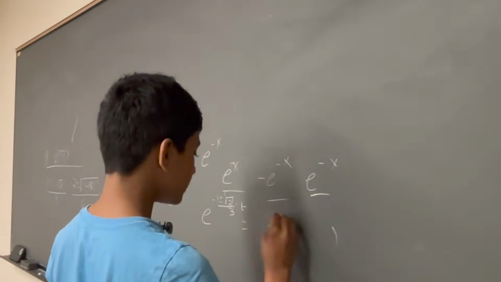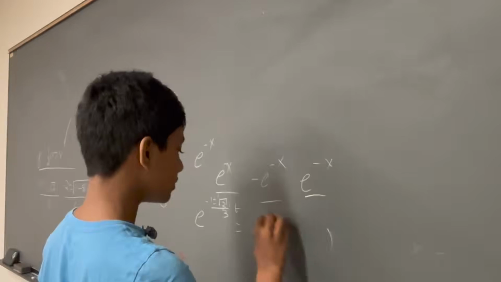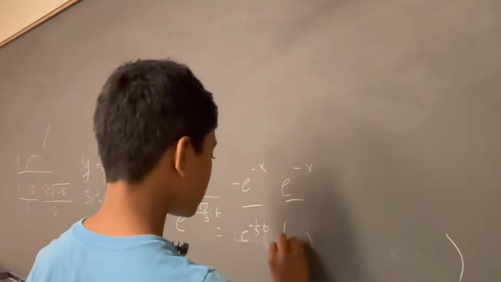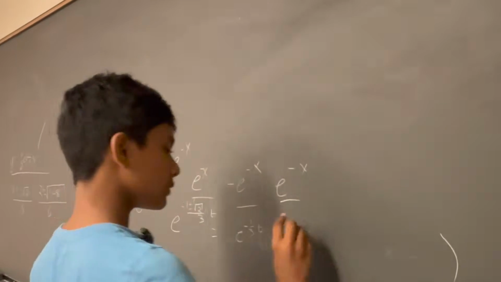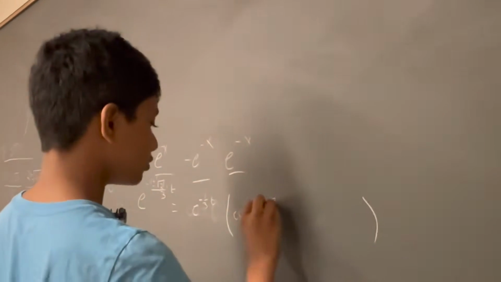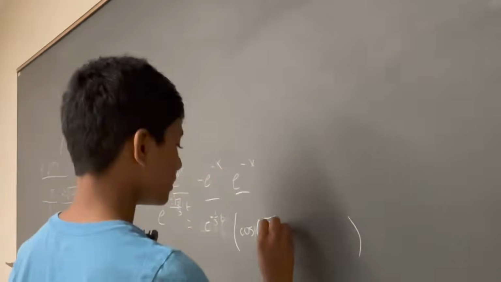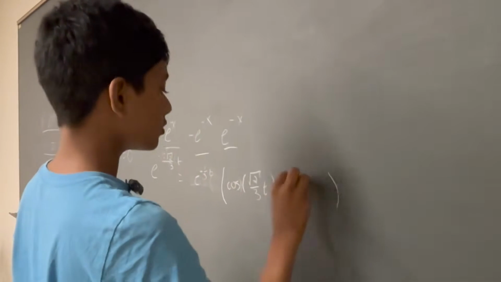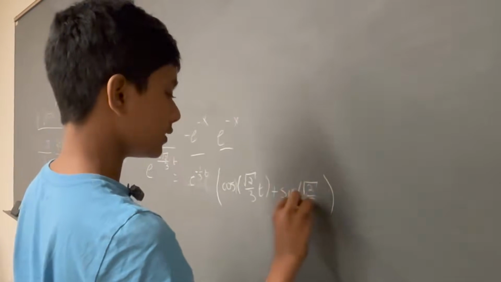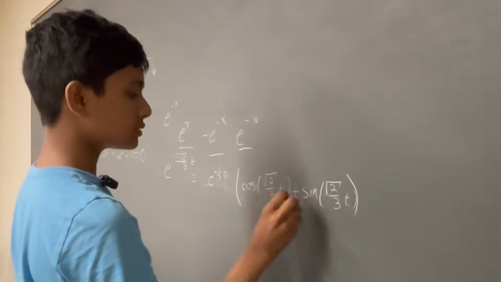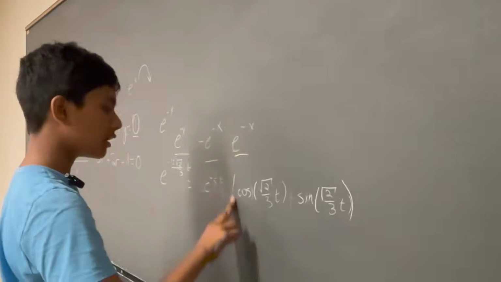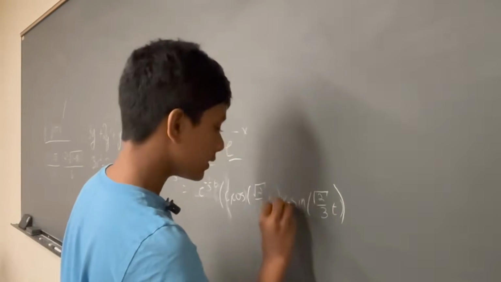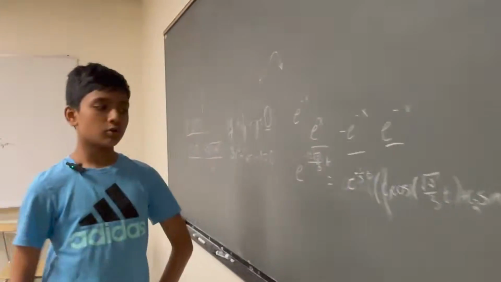This is just e to the minus 1/3 t, which is that real part, times cosine of root 2 over 3 t plus sine root 2 over 3 t. And it can be plus minus sine, but this is all accounted for if we just say this is C1 and this is C2, which gives us some constants to work with.